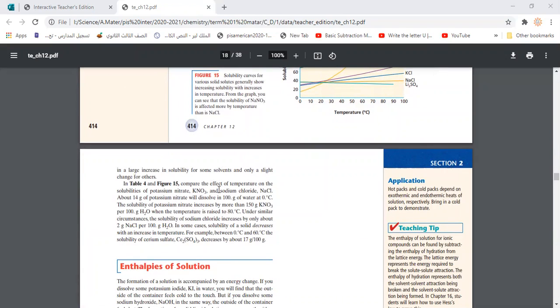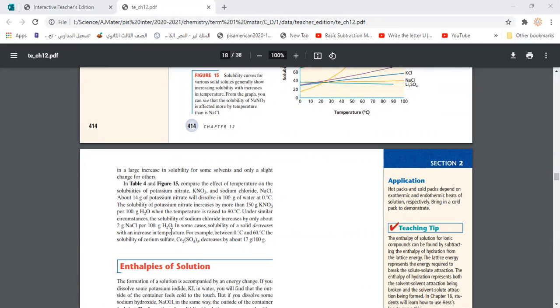If we compare the effect of temperature on the solubility of potassium nitrate and sodium chloride in water, we're going to find that 14 grams of potassium nitrate dissolve in 100 grams of water at 0 degrees Celsius. And this solubility increases from 14 to 150 grams once the temperature reaches 80. That means once we raise the temperature to 80 degrees Celsius, it allows more than 10 times the amount to be dissolved.